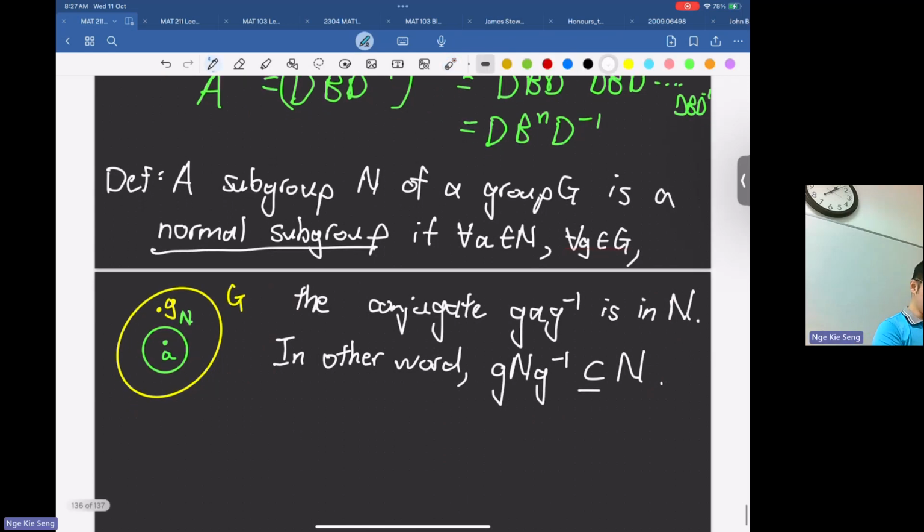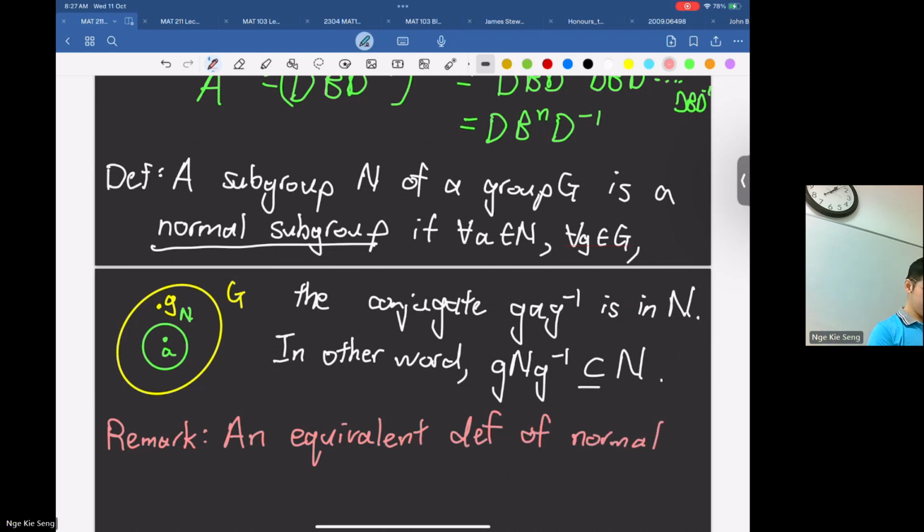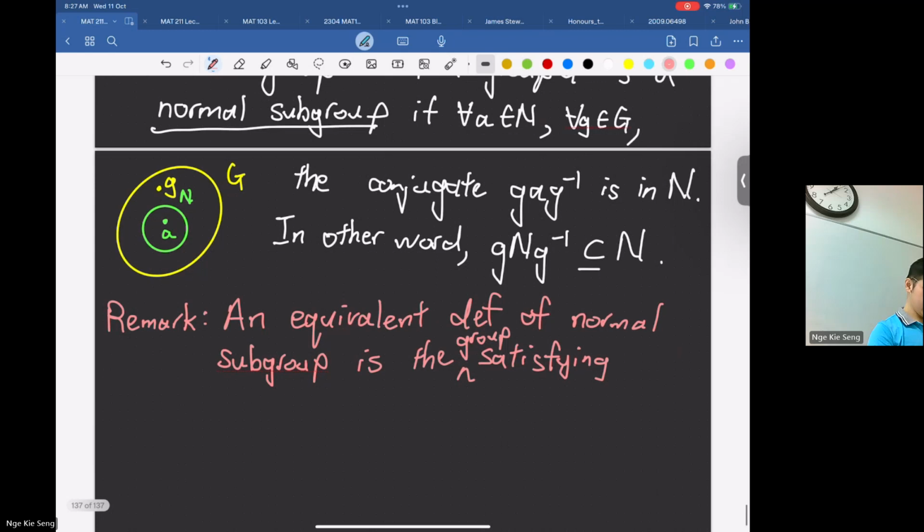There's an equivalent definition actually. An equivalent definition of normal subgroup: the subgroup N satisfies g N g inverse equals N. Actually you can make it equal.